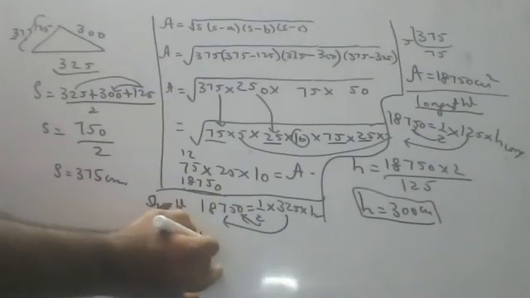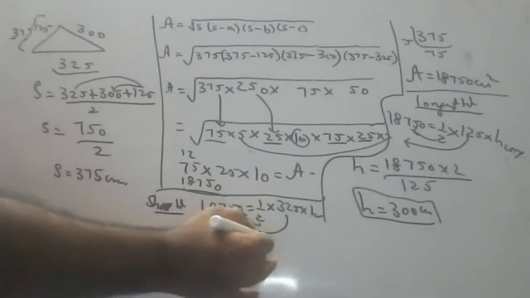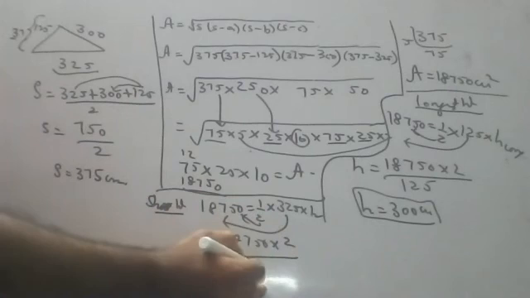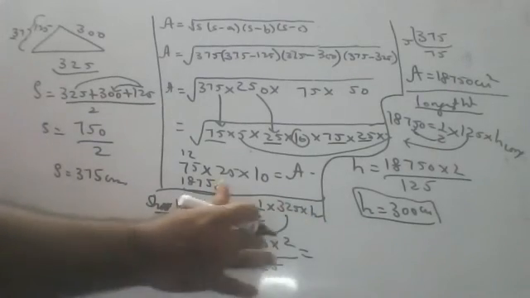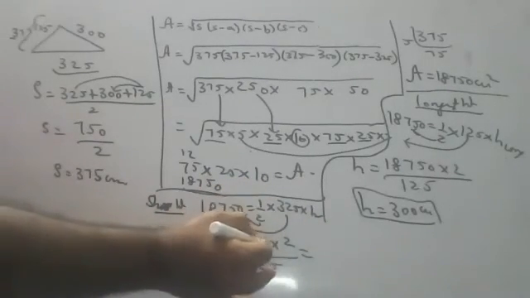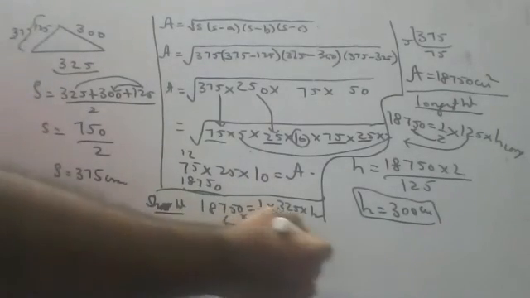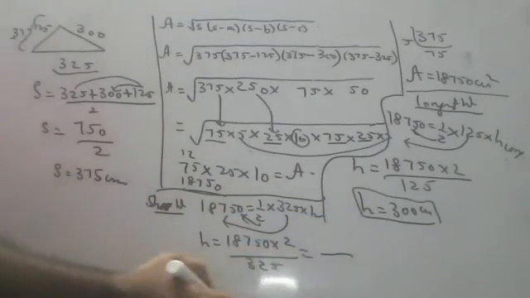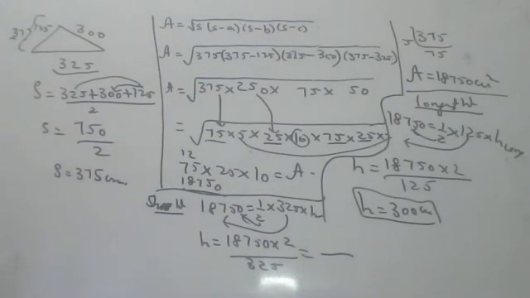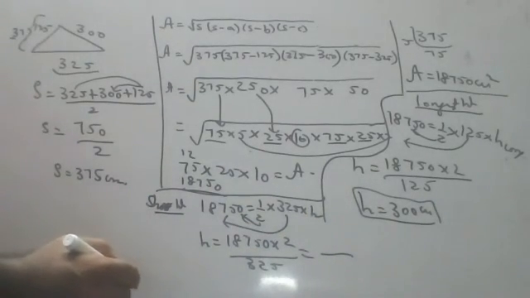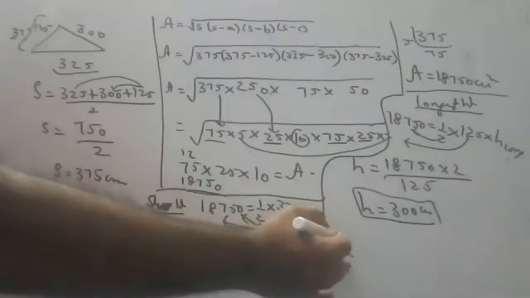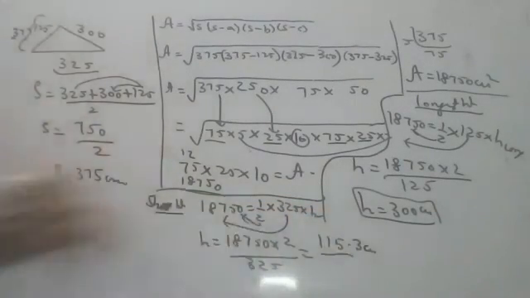So height is equal to 18750 into 2 by 325. If you solve, you will get 115.3 centimeters.